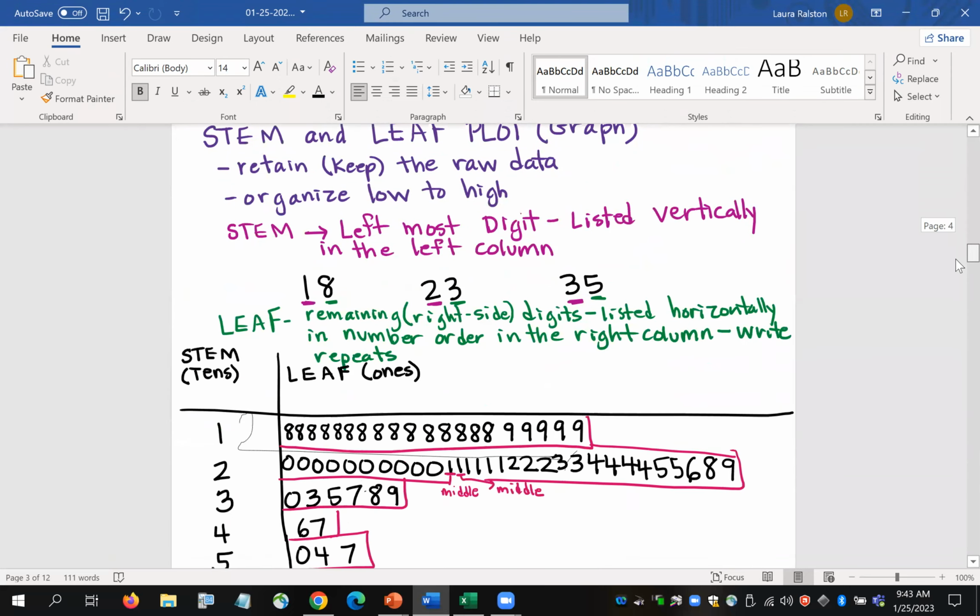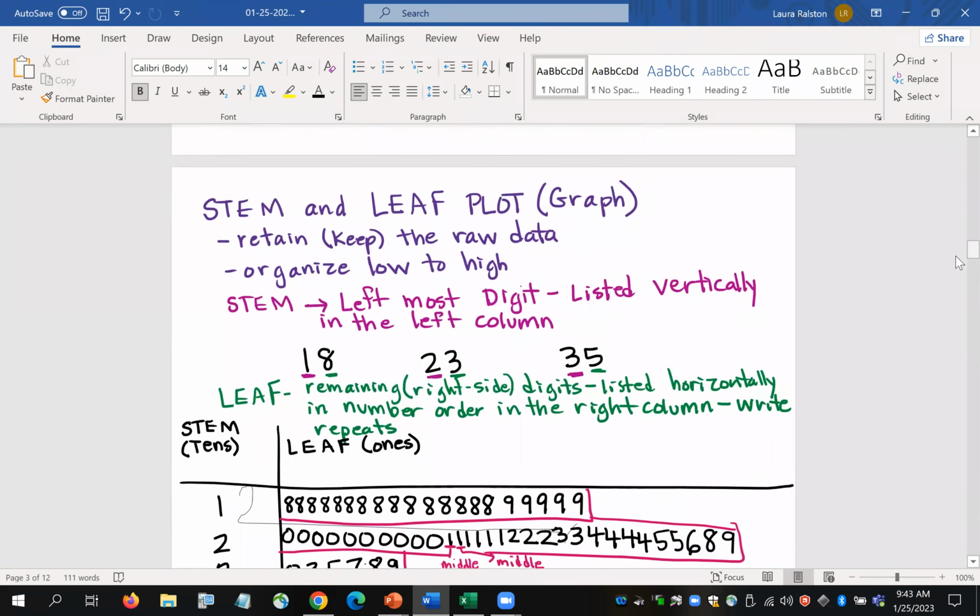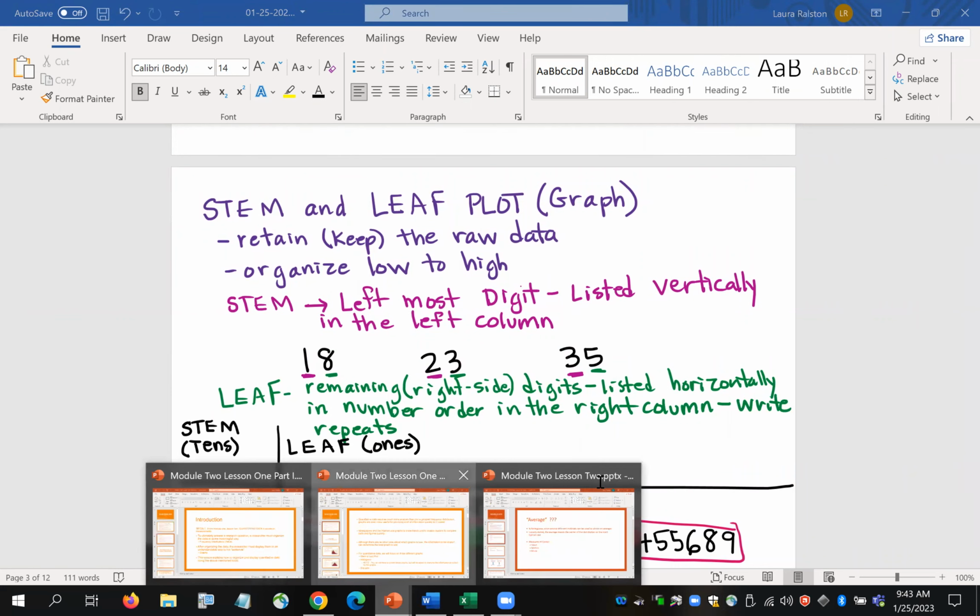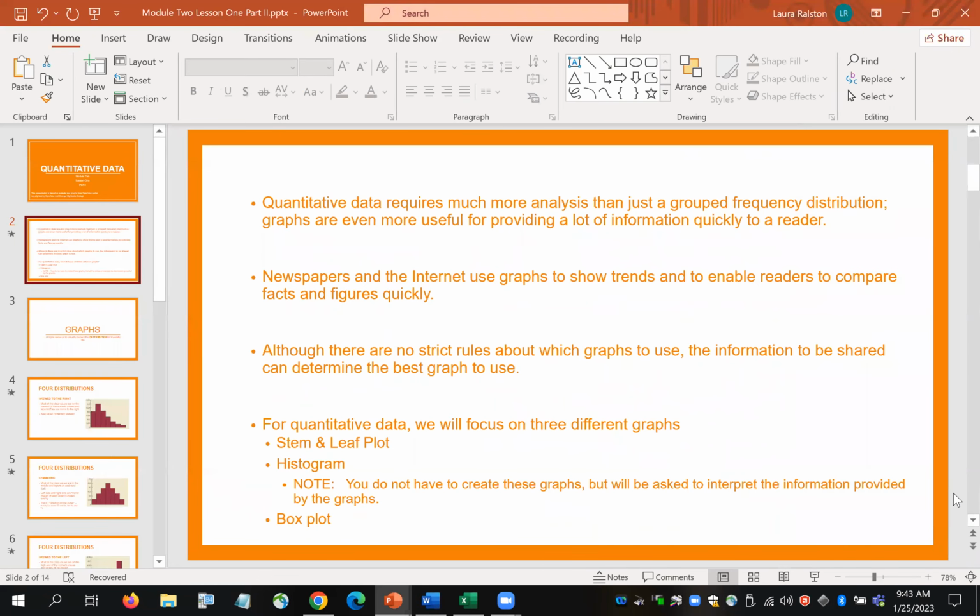Then we began looking at some of the graphs, and you may wonder, well, why do we need to use graphs? Is the table not enough? It does organize the data, but quantitative data is a lot more involved than the qualitative data.